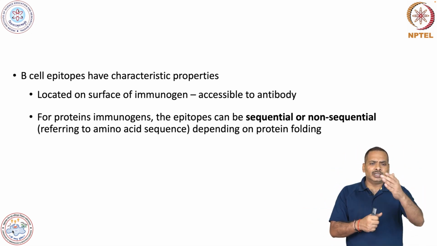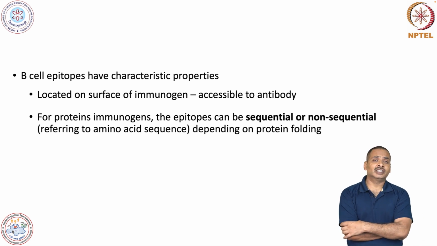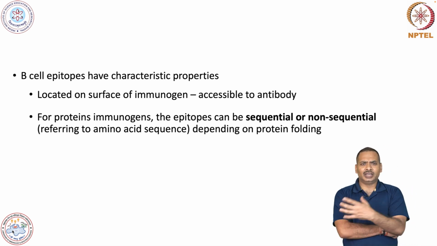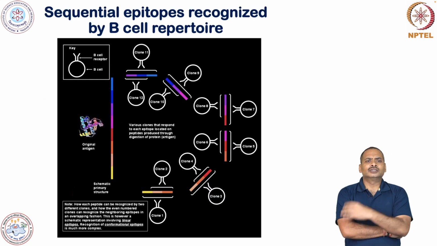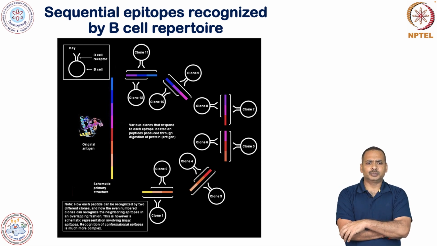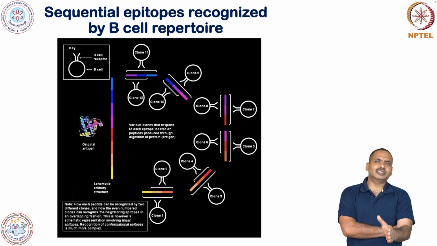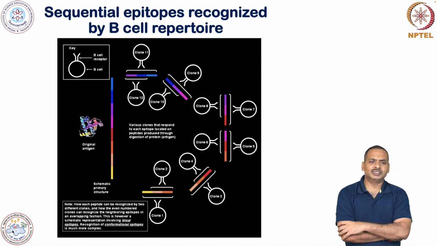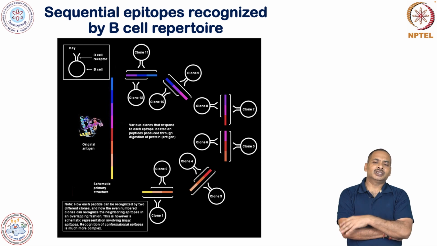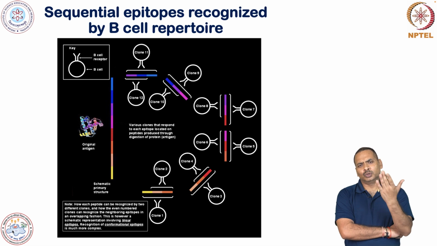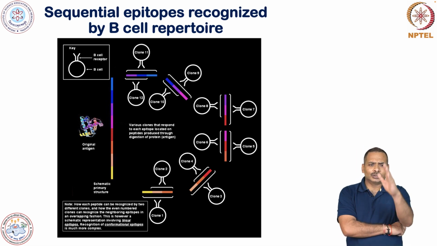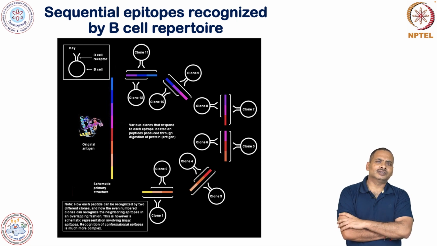Okay, so let me explain what is the sequential and non-sequential epitope. I have a very nice scheme with which you can easily understand. So, sequential epitope recognized by B cell repertoire. Here you can see there is one polypeptide chain, represented in color. One end has a yellow color and another end has a blue color. So, you can understand this is a kind of sequence.